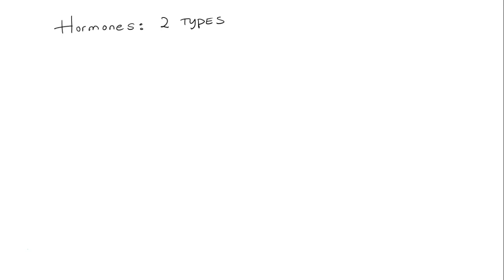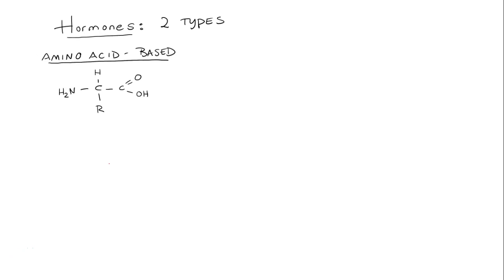One type is called the amino acid-based hormone. And here's a picture of an amino acid as a polar molecule. And the other type of hormone is the steroid hormone, which are derivatives of cholesterol, and these are nonpolar lipids. These are categories of hormones.